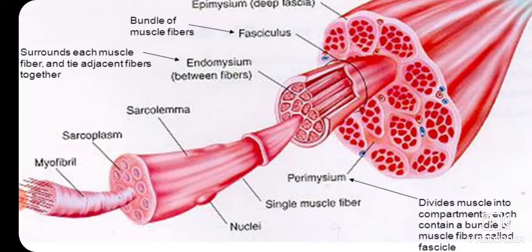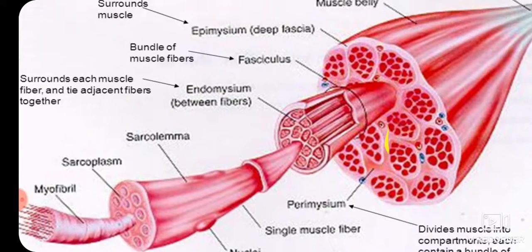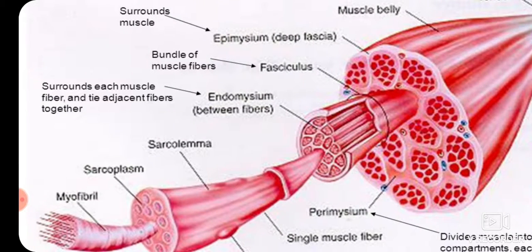Here you see the different fascicles, as you see 1, 2, 3, 4, 5 and more. So the perimysium divides the muscle into different compartments. The third one is the endomysium, which is between the fibers. These three layers are extensions of the fascia.